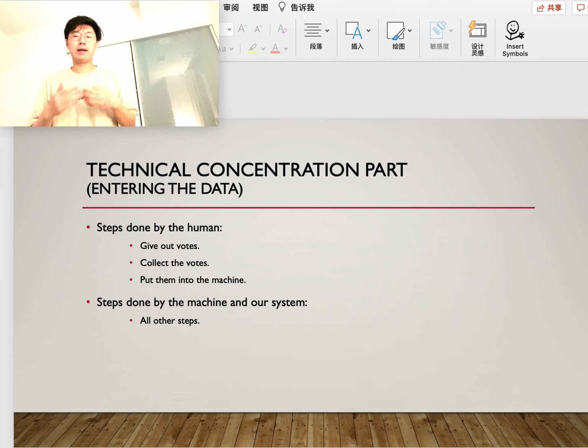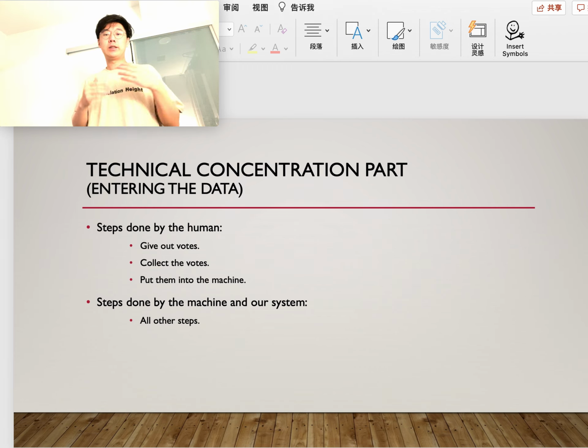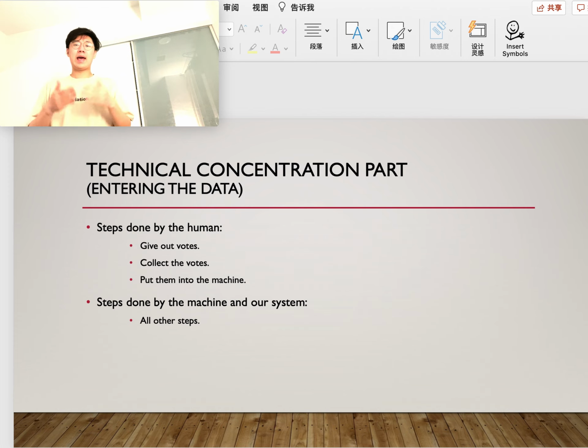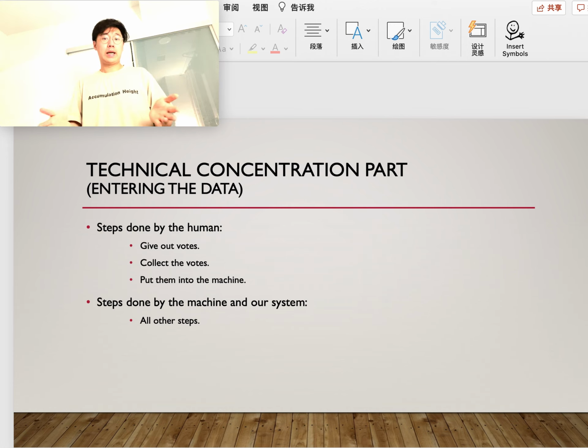This is time-consuming, because with traditional votes we have to examine whether each vote is useful and legal for the election.